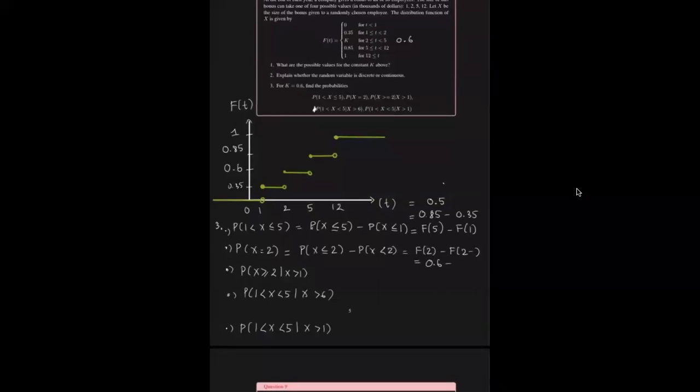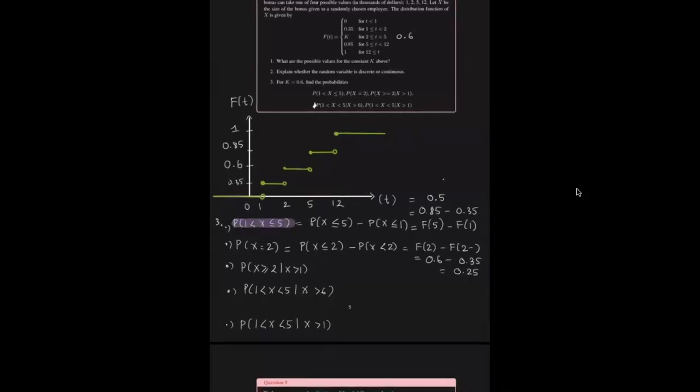F of 2 minus is this value, which is 0.35. So the answer is 0.25. Let me know if you have any question about what I just did.